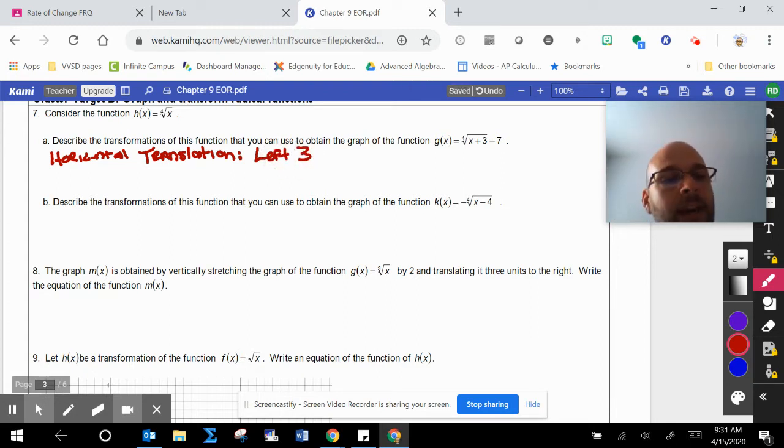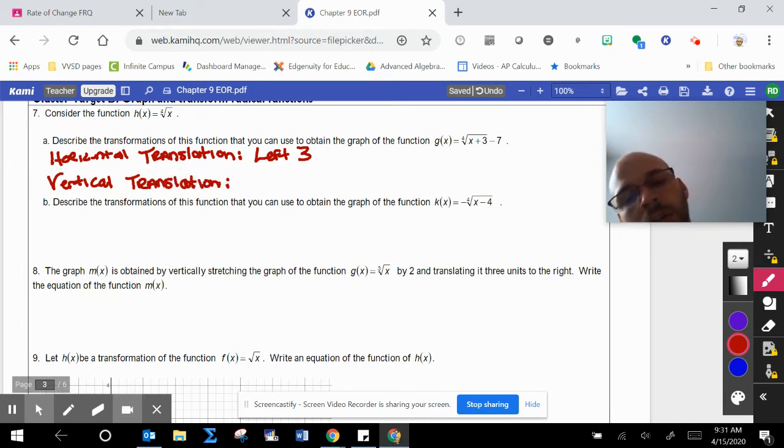And then the minus 7 is going to be a vertical translation down 7 units, okay? And those would be the only two transformations in g of x, all right?